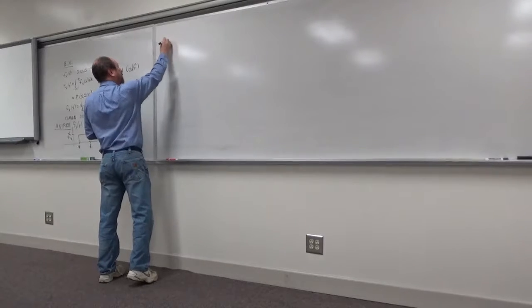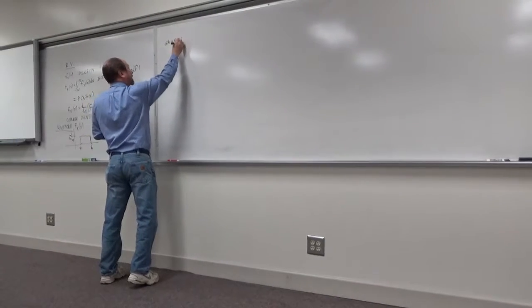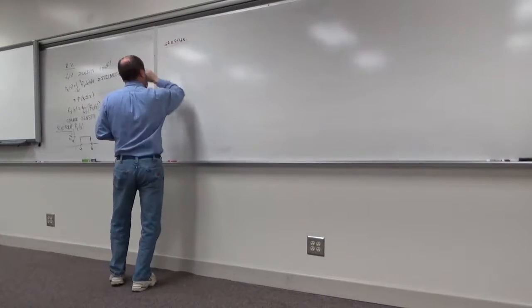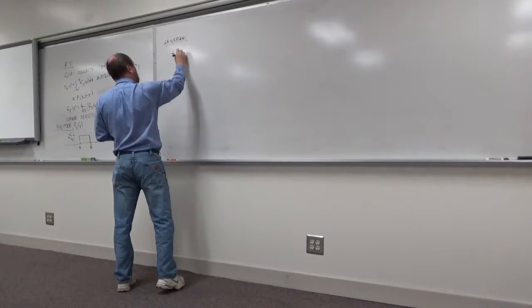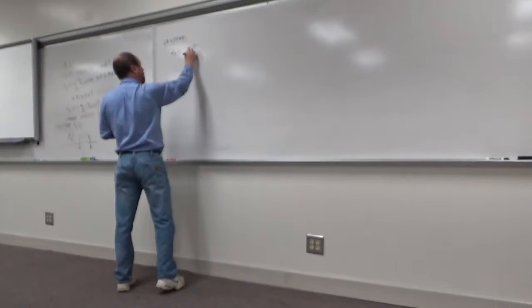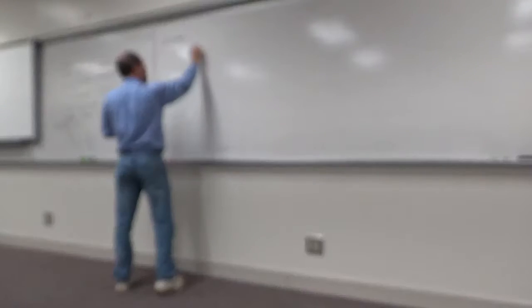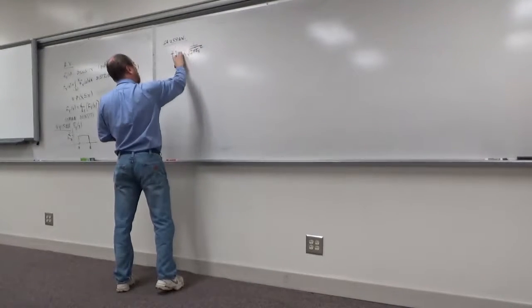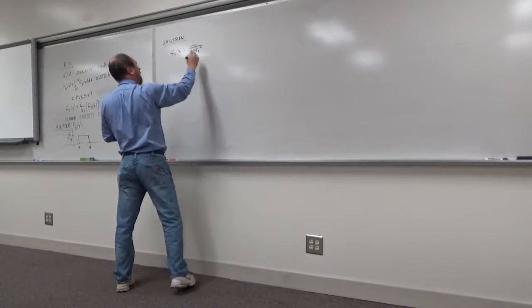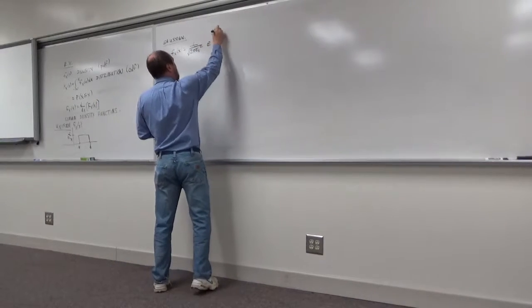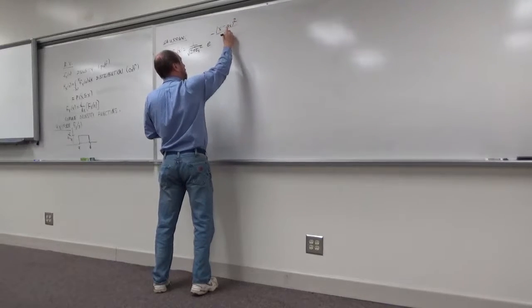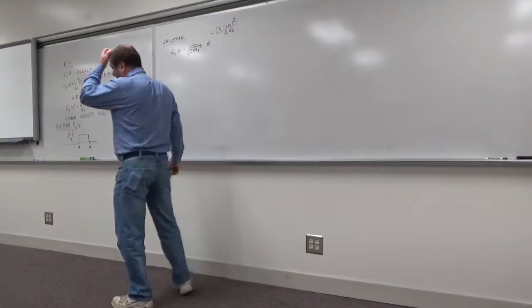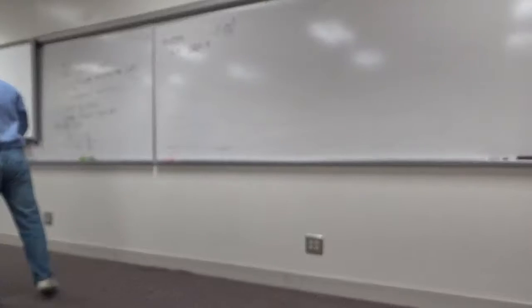So the Gaussian looks like this. It is the density function f sub x of x equals 1 over square root of 2 pi sigma x squared, e to the negative x minus mu sub x squared over 2 sigma x squared. And we're going to talk about those parameters.